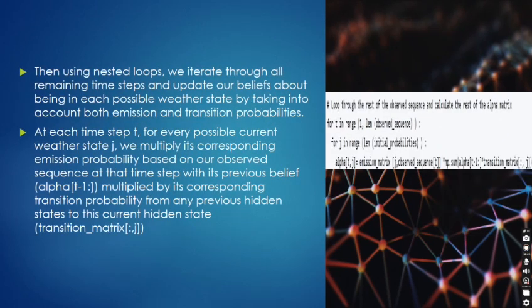Then, using nested loops, we iterate through all remaining time steps and update our beliefs about being in each possible weather state by taking into account both emission and transition probabilities.